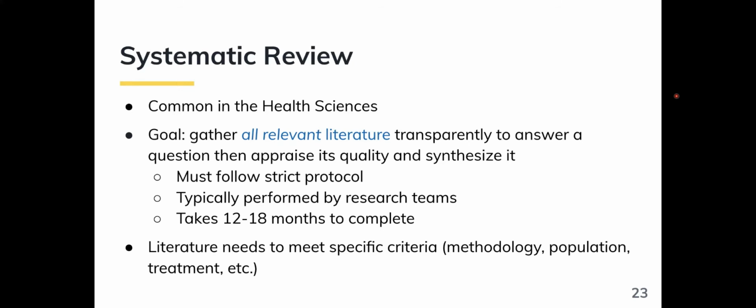So if you're interested in doing a systematic review, I'd highly suggest reaching out to the librarian for your school or department and see if they would be willing to collaborate with you on the research team, or even just set up some appointments to kind of guide you and provide resources on how to do it. There's even specific software that has been developed to help researchers do this process transparently and to follow that strict protocol. So it is a very structured type of review.